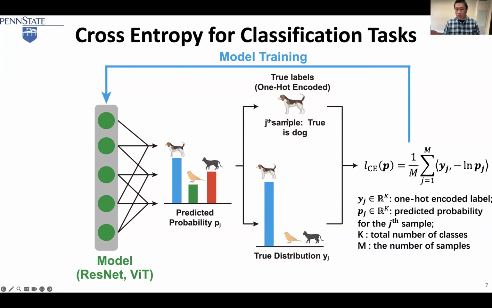So for instance, if this image is a dog, I just have dog as 1, others are 0, so you have a vector. And after that, you look at the cross entropy. So y_i is your label, and p_i is the probability from whatever model you have. Then you want to maximize this, and eventually you can train your model. Here j is from the different samples.